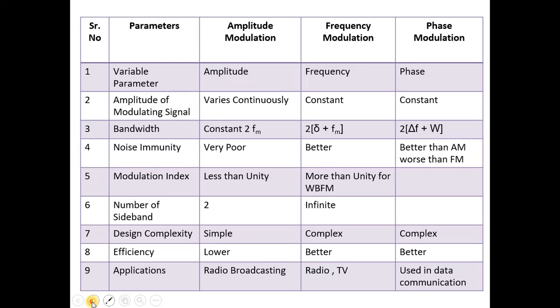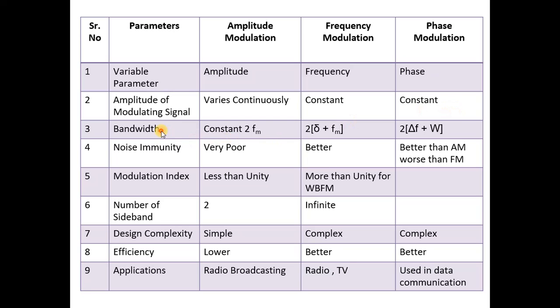Now we will compare all the modulation techniques here. What happens in case of amplitude modulation? The variable parameter is amplitude, whereas in FM and PM the varying parameter is frequency and phase. Which parameter remains constant? In amplitude modulation the amplitude varies, whereas amplitude remains constant in phase and frequency modulation.